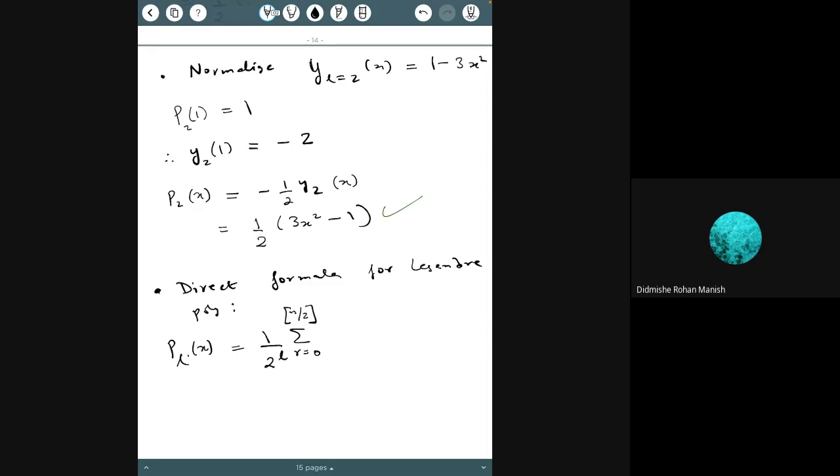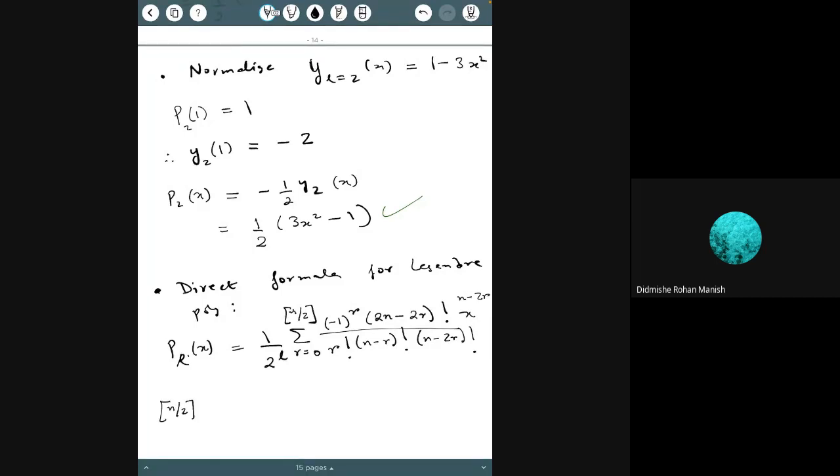So this is just one formula. (-1)^r, (2n minus 2r) factorial by r factorial, (n minus r) factorial, (n minus 2r) factorial, x to the power n minus 2r. Okay, and up to n by 2.